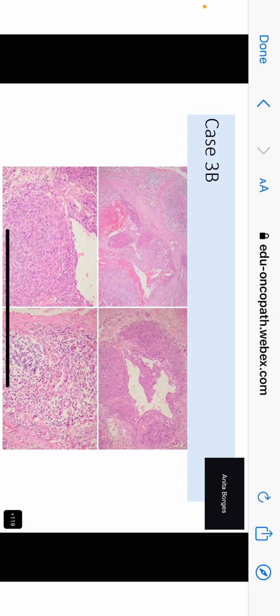Deepa, what's the diagnosis? Ma'am, are you asking me? Yes, anybody. Come on. Ma'am, I thought it is a case of epithelioid hemangioma. Epithelioid hemangioma. Yes, ma'am. Who's that, Dia? Yes, ma'am.